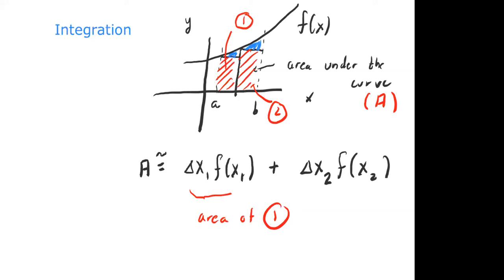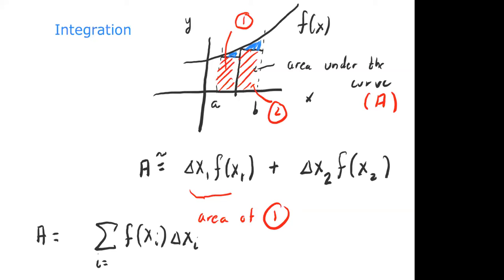If you want to find out exactly what that area is, then you simply divide the region under the curve not into two rectangles, but many rectangles with delta x sub i, for which you can evaluate the function at that value x sub i.